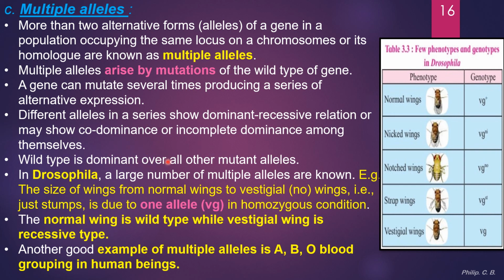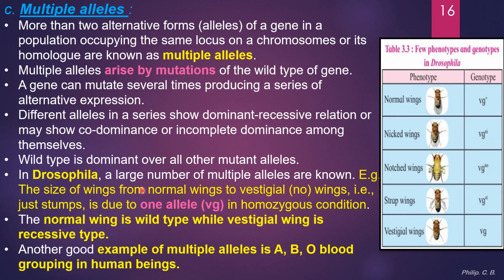Wild type is dominant over all the other mutant alleles. Now the term mutant, I think, is very clear in the present scenario, like the COVID variant, where you can see different mutant viruses keep on changing, right? One may be dominant, another may not be dominant, but it can cause severe problems, right?